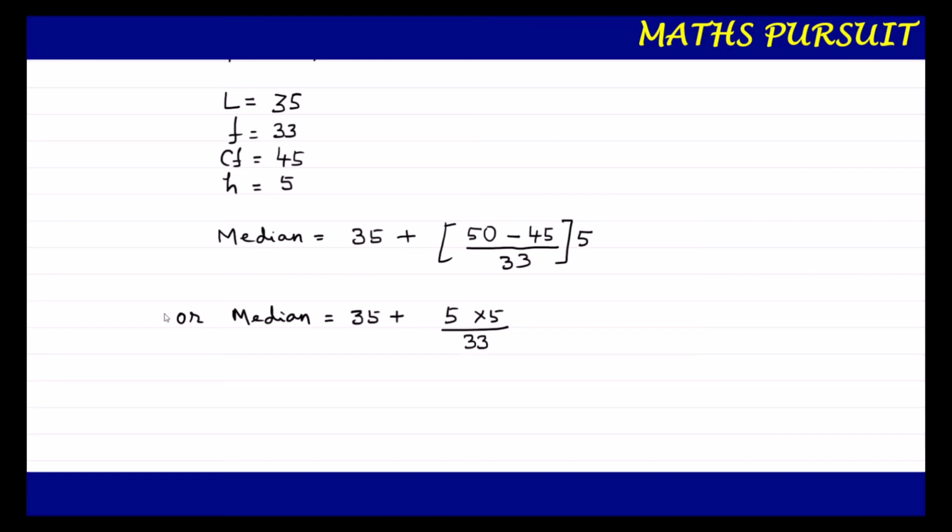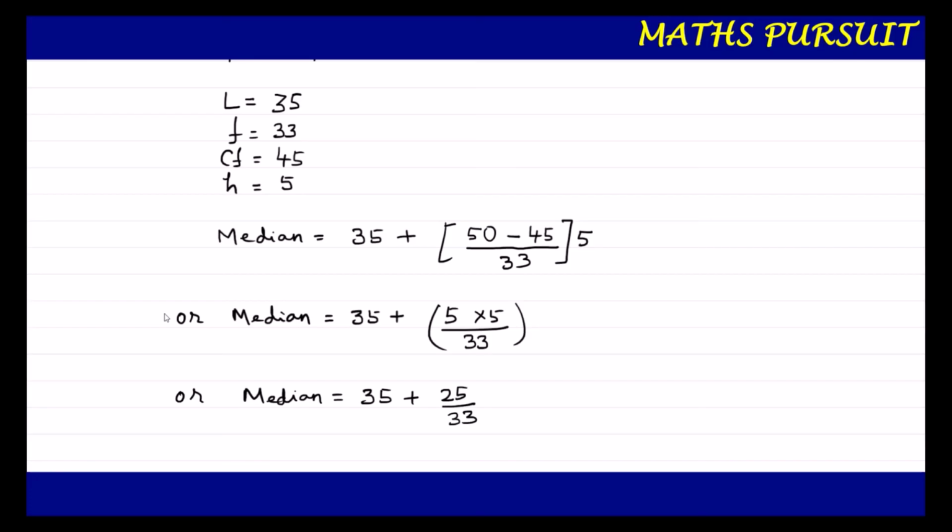How? 50 minus 45 is 5, and the class height I multiplied here. So median is equal to 35 plus 25 upon 33.